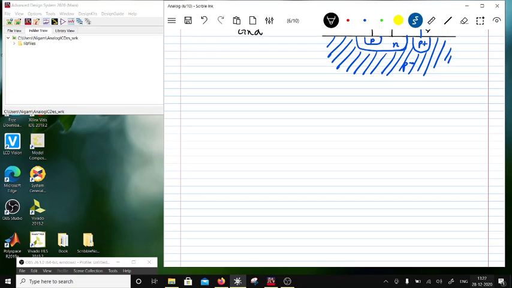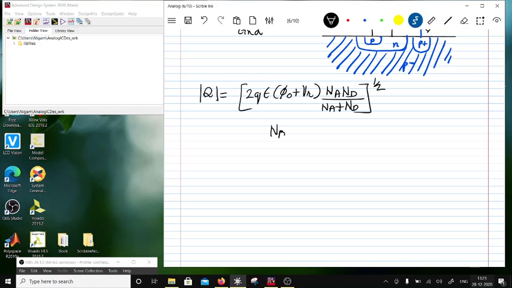Now we have come to a point where we derived Q for a PN junction. That was basically the square root of 2 q epsilon (phi 0 plus VR) times NA ND divided by (NA plus ND). Now let's assume that ND is very large, so it tends to infinity.